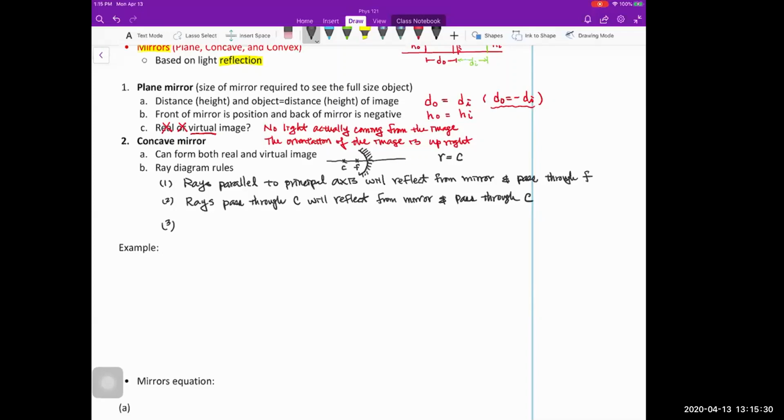But the third rule is very similar to the first rule. The third rule is to say, if you have rays that pass through the F, they will reflect from the mirror, and they're going to be parallel to the principal axis.